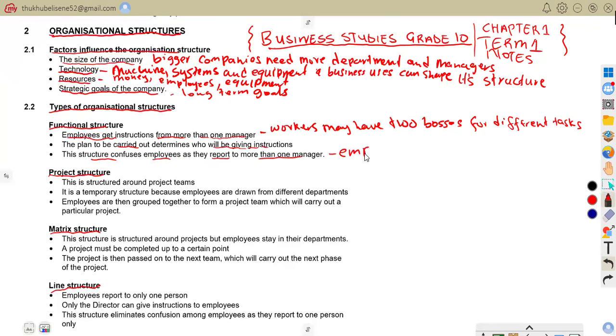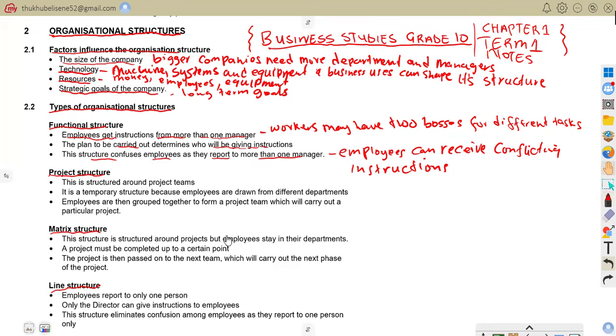For example, manager A says finish early, but manager B says work longer. Now they are receiving conflicting instructions. That's a drawback or disadvantage of reporting to more than one manager.